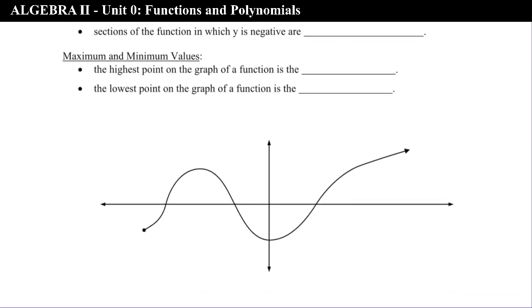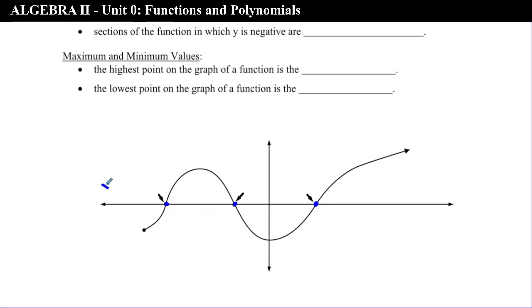So we just talked about x-intercepts and y-intercepts. Well, this graph has 3 x-intercepts. There's one here, and there is one here, and right here. Those 3 spots would be your x-intercepts.